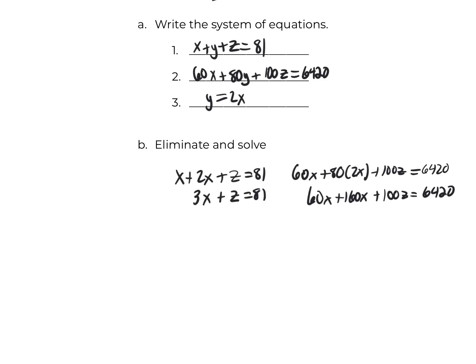So 60x plus 160x is 220x plus 100z equals 6420.